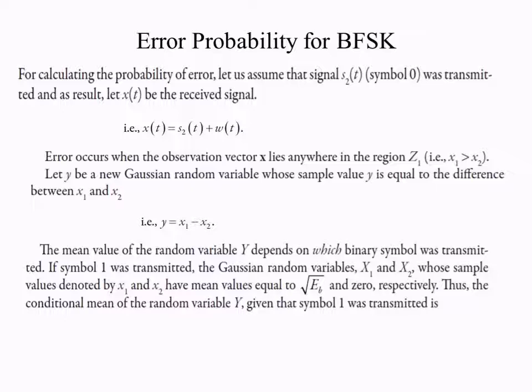The mean value of the random variable Y depends on which binary symbol was transmitted. For calculating the mean value of Y, here we have two binary symbols, 1 and 0, so we need to calculate the mean of Y for symbol 1 as well as for symbol 0.